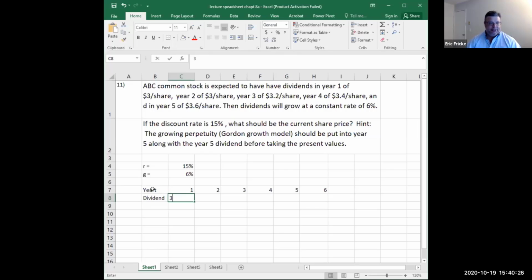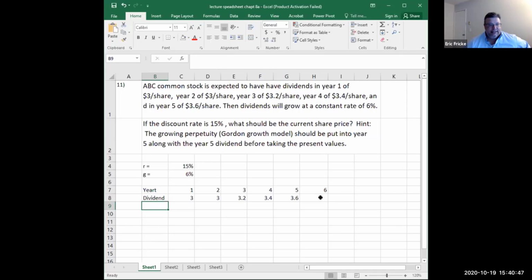In year 1 it's $3. In year 2 it's $3. In year 3 it's 3.2. Year 4 it's 3.4. And in year 5 it's 3.6. Okay, so that's what we're given.